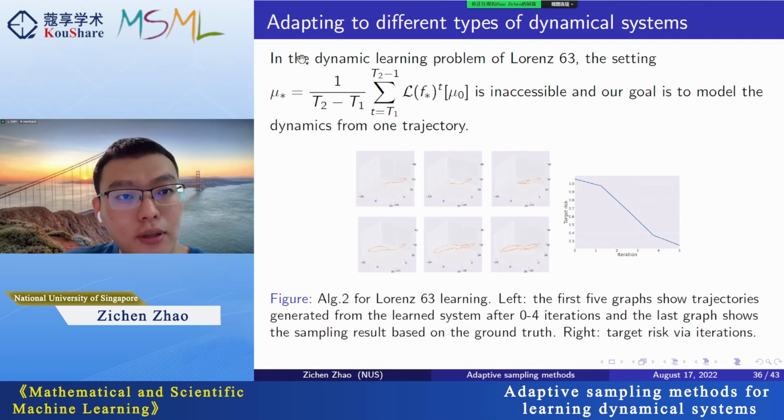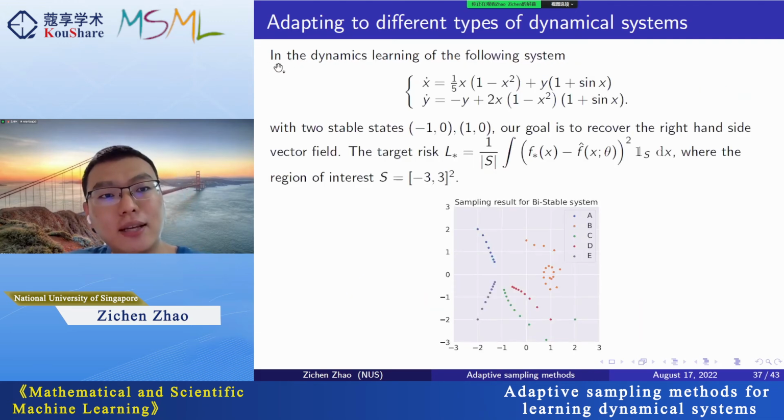And in the second case, we try to recover the right-hand side vector field in bistable systems.